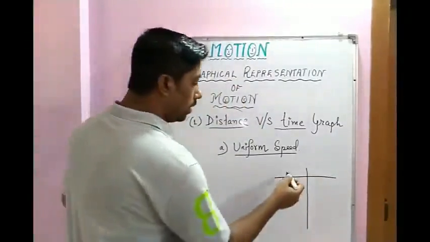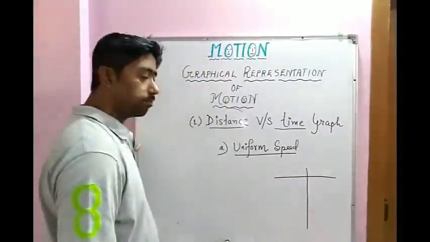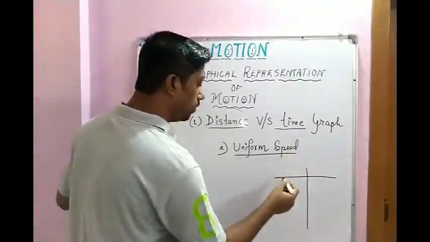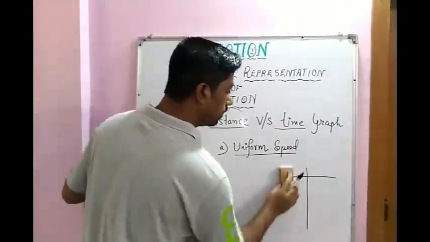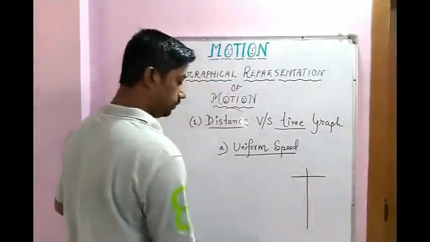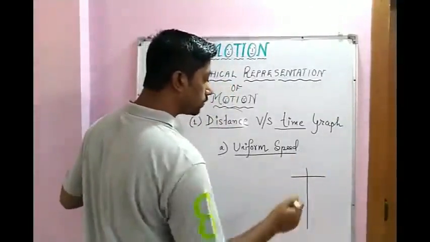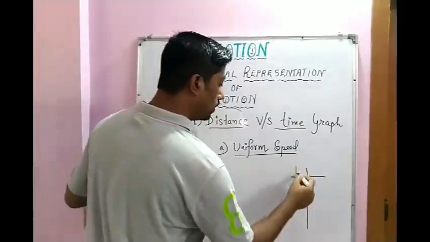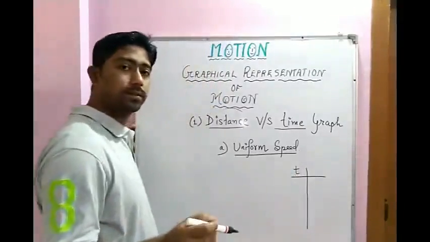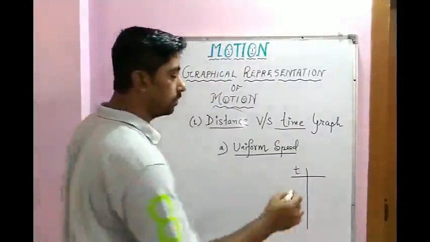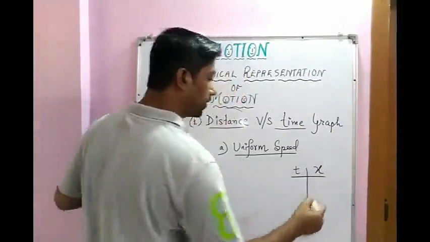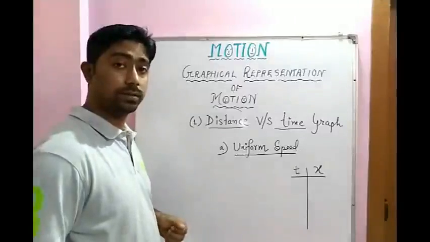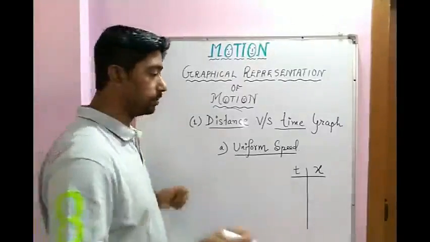Okay, two columns I have created. Now, on the first side, let's plot time. T represents time. And on this side, let's use x to represent distance.